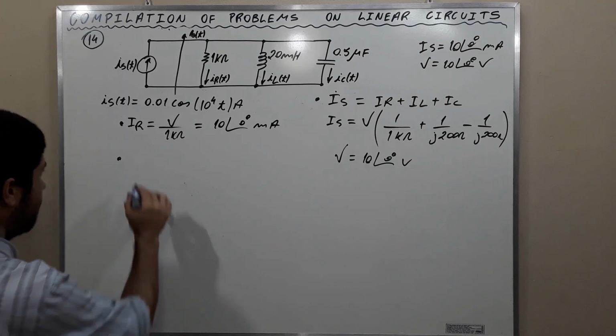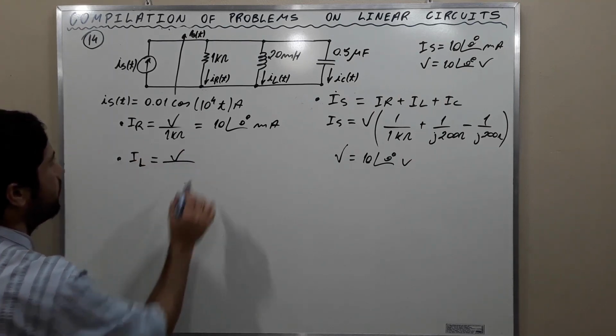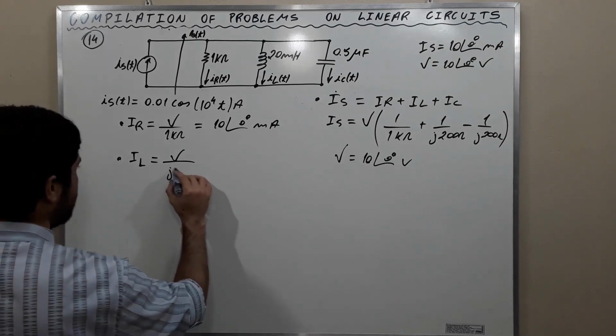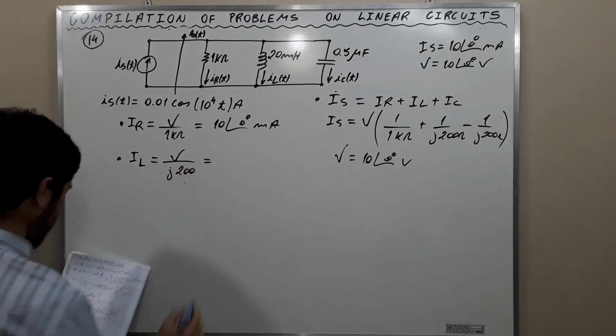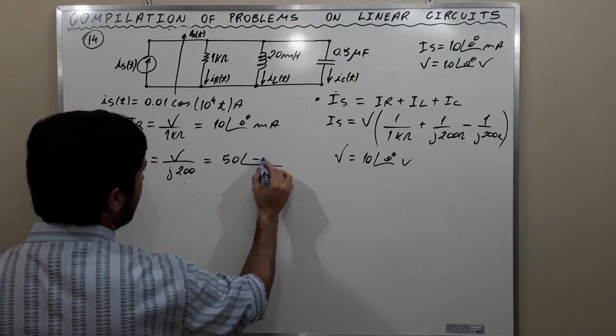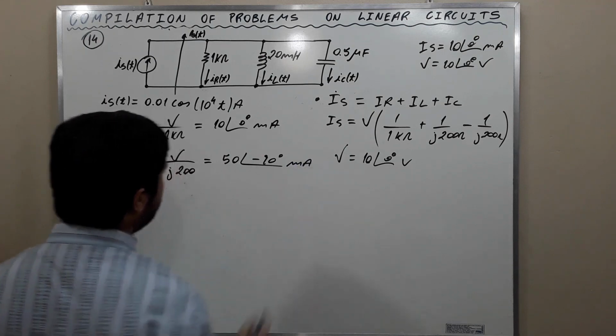Now the value of IL is equal to V divided by the impedance of the inductor, J200, and this gives a value of 50 phase negative 90 degrees milliamps.